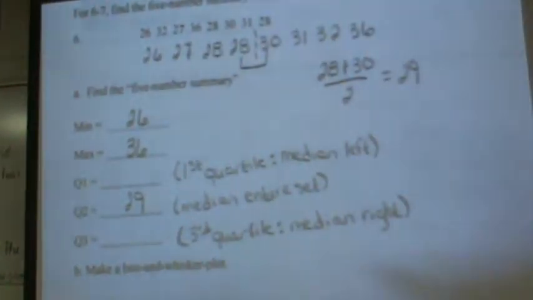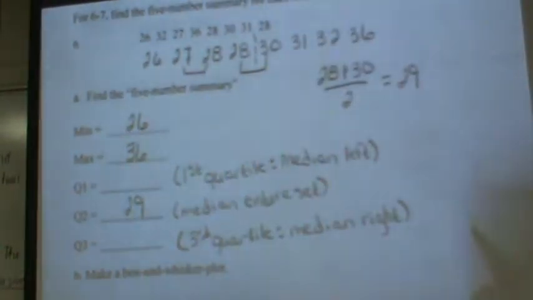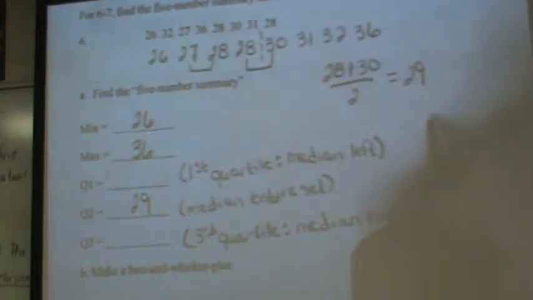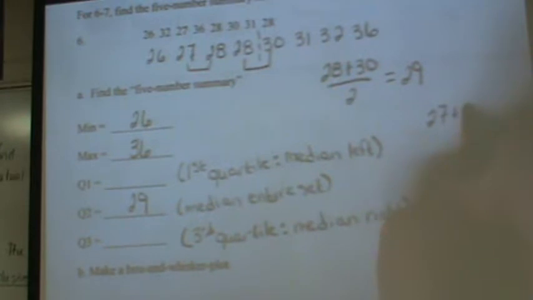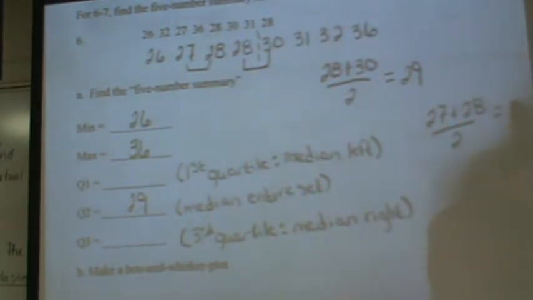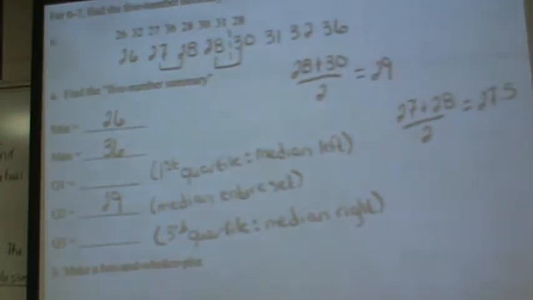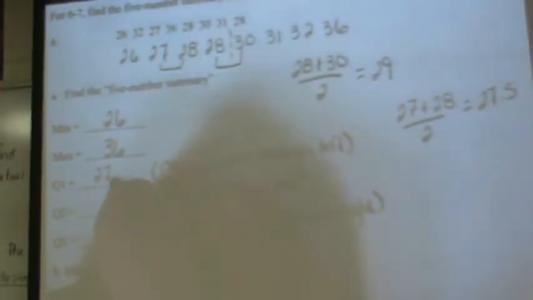So for Q1, we need to find the middle number of these 4 numbers, 27 and 28. Again, we're going to have to average 27 and 28. So we're going to take 27 plus 28 divided by 2. That's going to equal 27.5. So our Q1 value is 27.5.